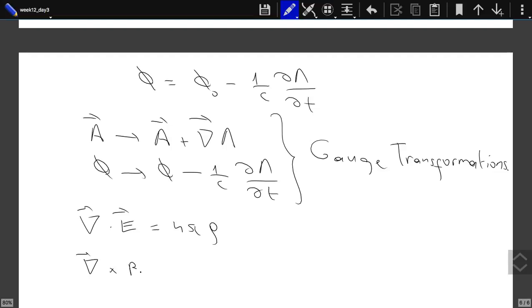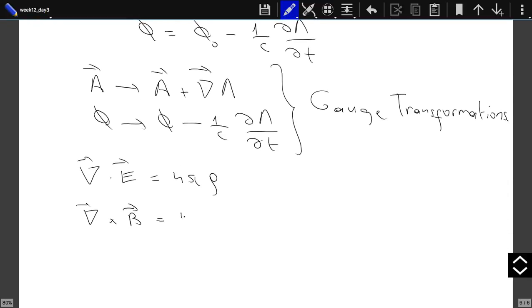And the curl of B is 4 pi over c j plus 1 over c del E by del t. Well, everything is in vacuum for the time being. We will also look at what happens in a medium later on.